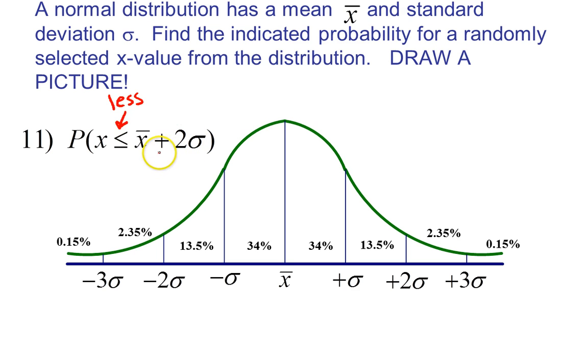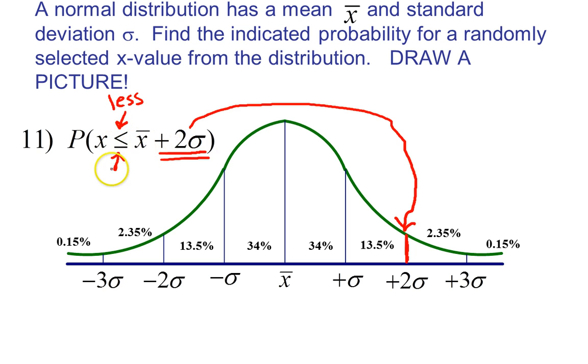Again, focus on this part: plus 2 standard deviations. When you see that, they're talking about this spot on the graph right here. They're saying counting from the mean, 1, 2 standard deviations. They're simply referring to this point on the graph. Now, when we talk about picking a value less than this, is that going to be left or right of this mark?